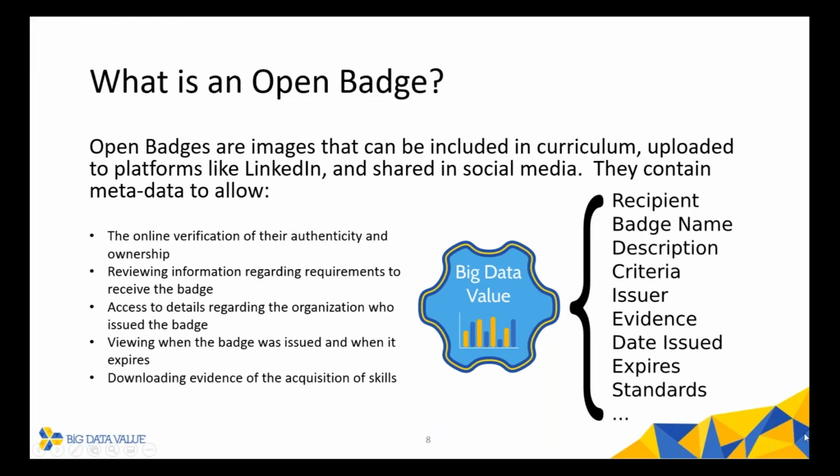There could be a link to an external file. Like in the case of a badge being issued as a result of a project being accomplished, there could be a link to an online PDF of the project that the student actually presented in order to earn the badge. Also things like when it was issued, when it expires, and possibly standards.